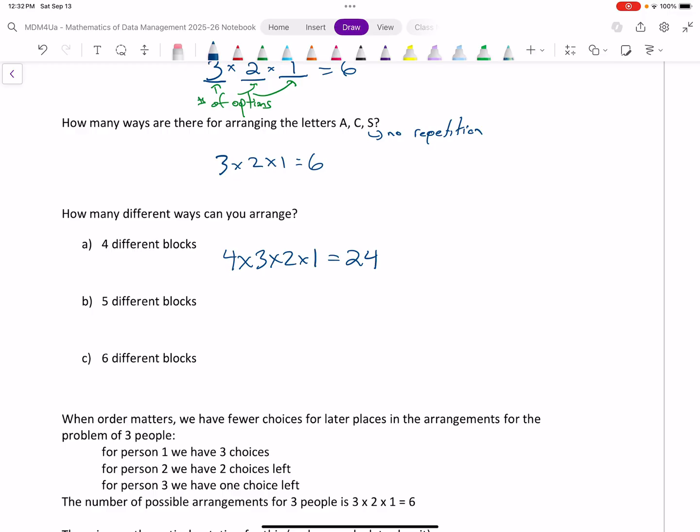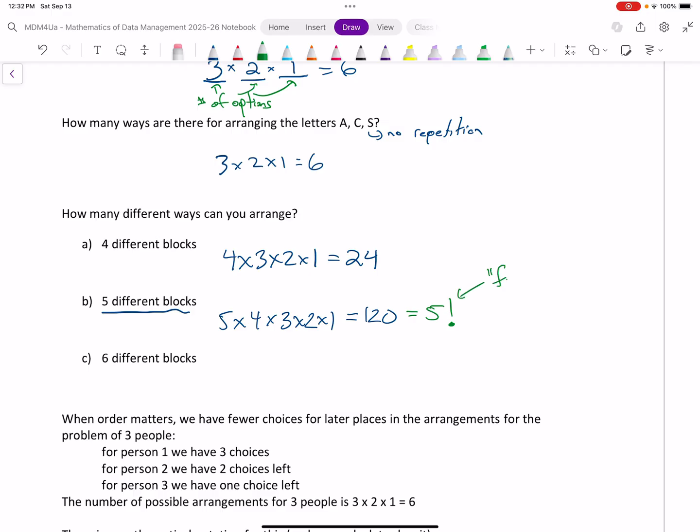It just starts to get really, really big, especially when you get up to this kind of situation with 5. So now I've got 5 places. And you end up with a bigger number, quite a bit bigger, so 5 times the previous one. And this we can start to generalize with the notation, which we briefly talked about. But this is a factorial. And a factorial is a mathematical procedure.